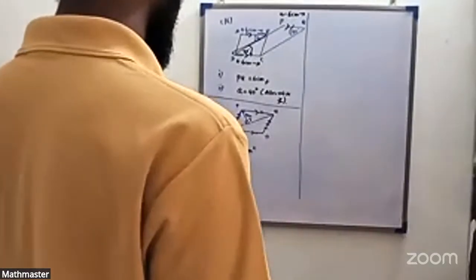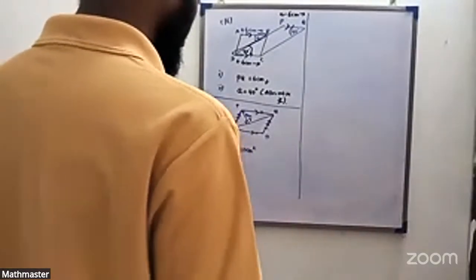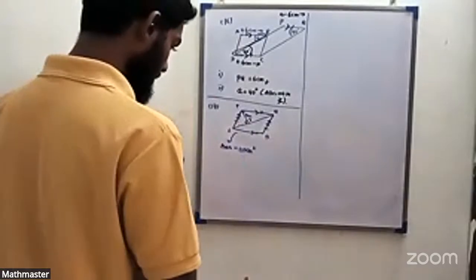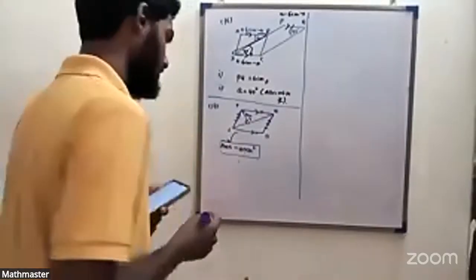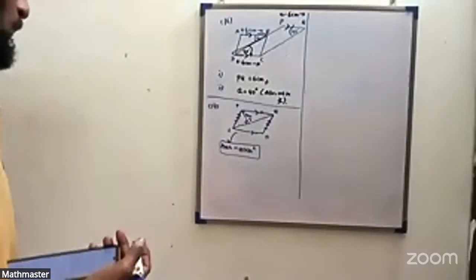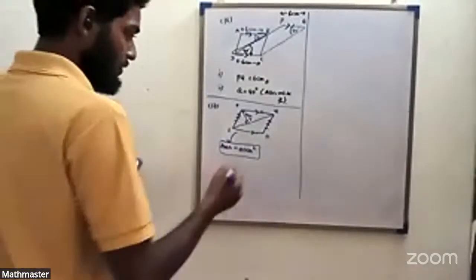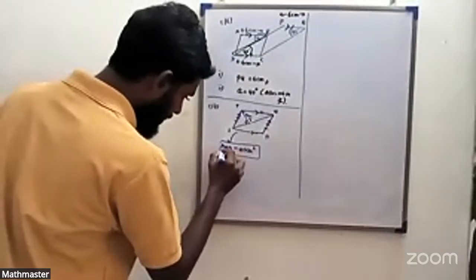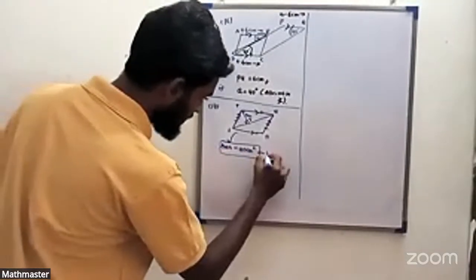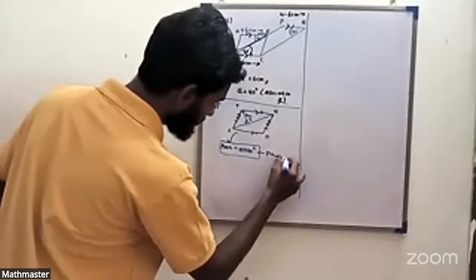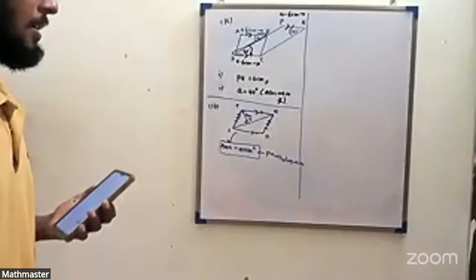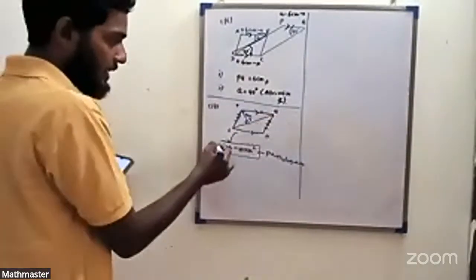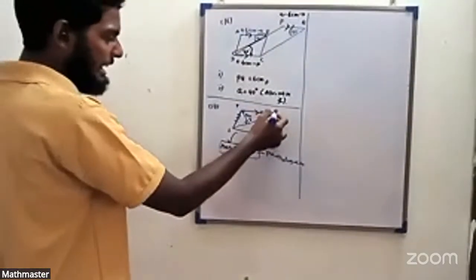Right. So they have given us the data that the area is 40 centimeters square. This is the parallelogram area. When this diagonal comes, what happens to the area of the parallelogram?